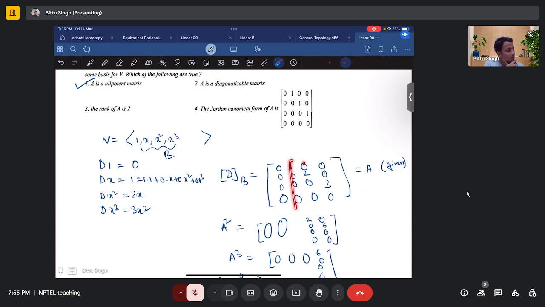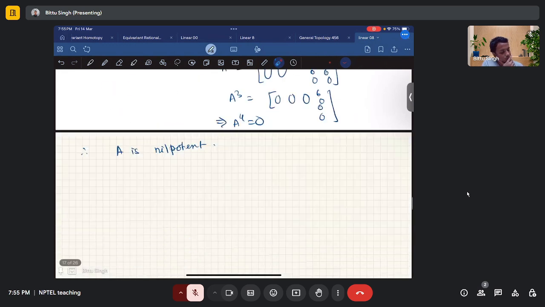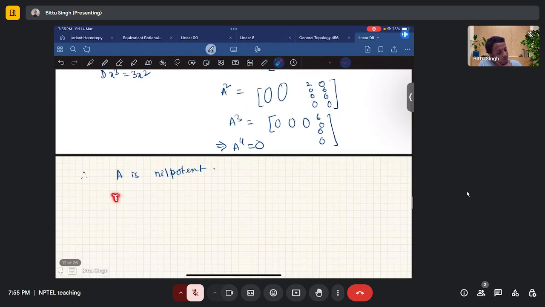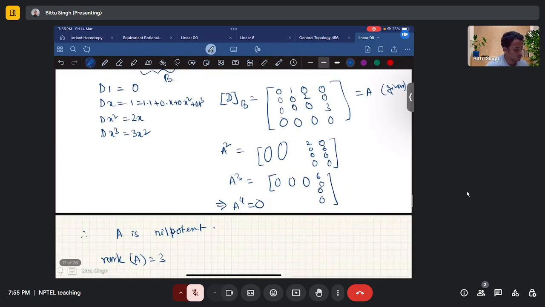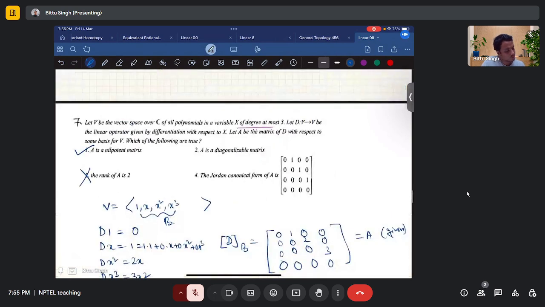There are 3 linearly independent rows, columns. So rank of A is 3. So option 3 is incorrect. Just remove option 3.